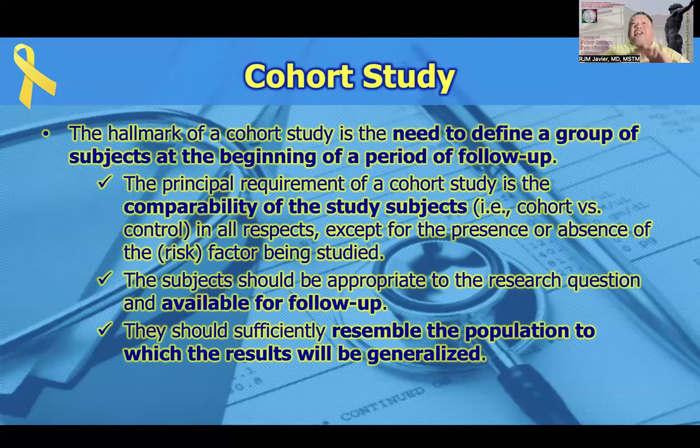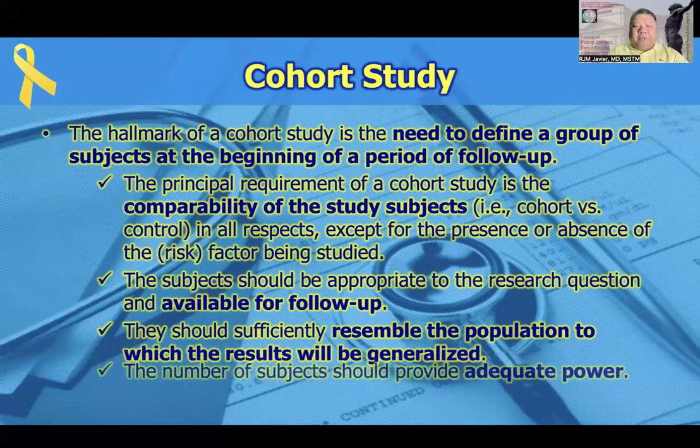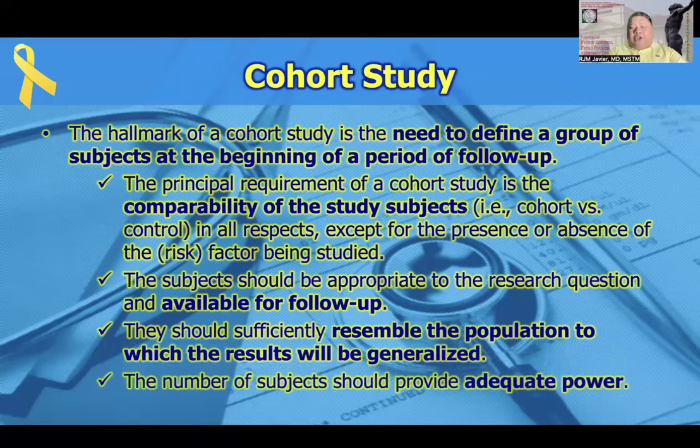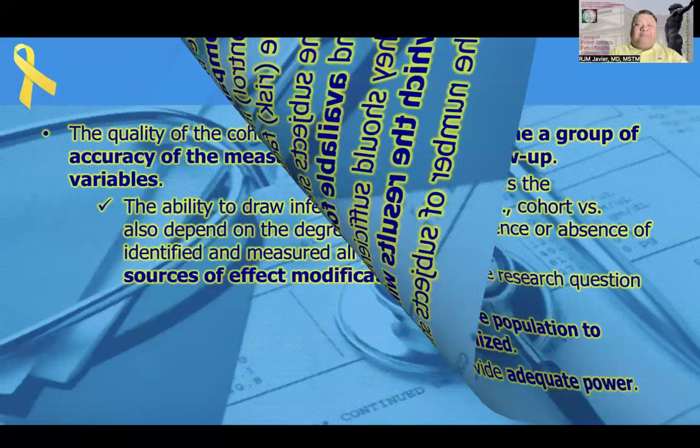It has to be generalizable to the bigger population it represents. So generalizability also refers to your external validity. And of course, when you go to statistics, you would need to learn that the number of study subjects to be recruited for a cohort study must yield adequate power as well.